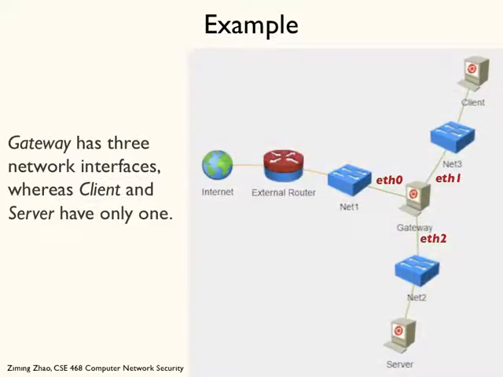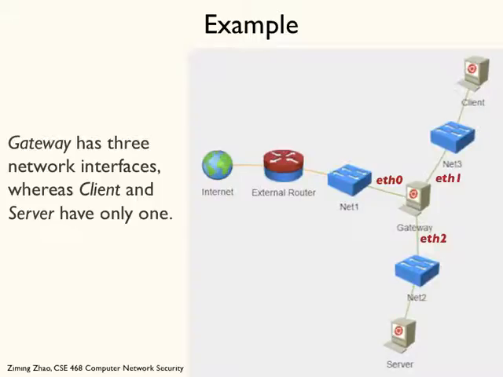So we are going to show one example to say how it works. This is the example we used in Lab 1. So we have the gateway connected to the internet. When you first log into the system, your gateway can already access the internet. But the client and the server do not have access to the internet.